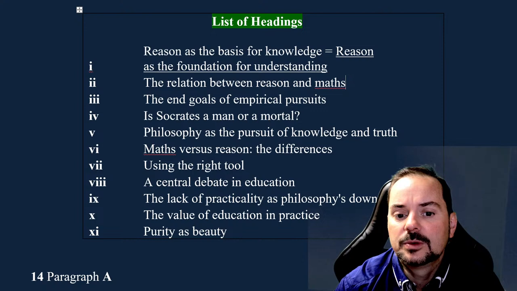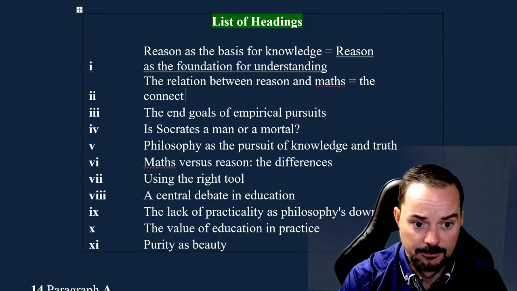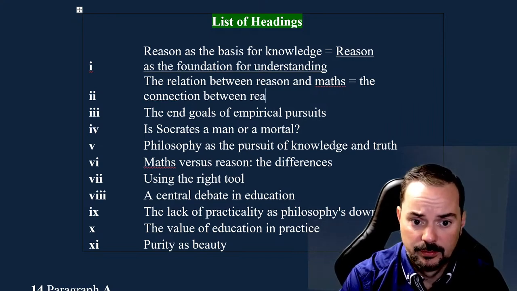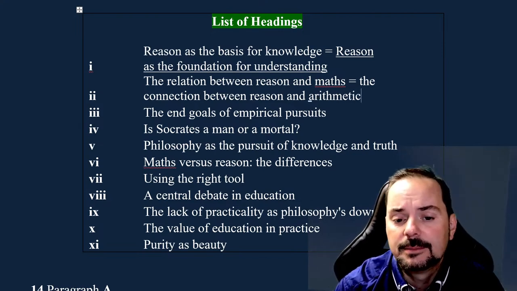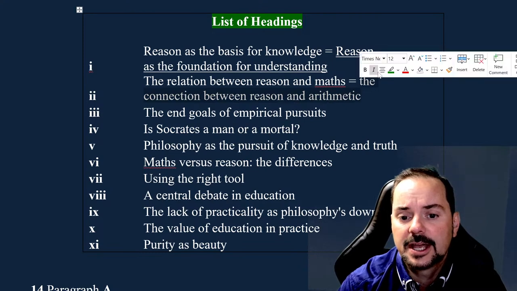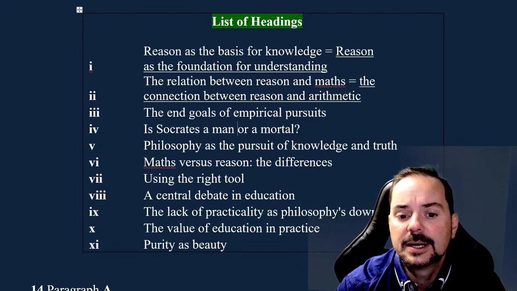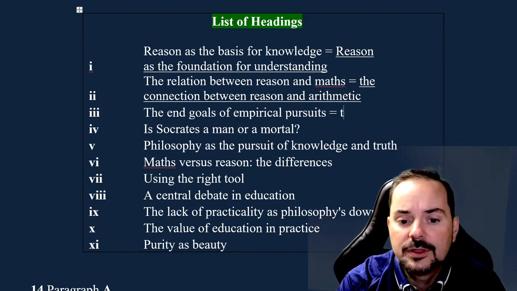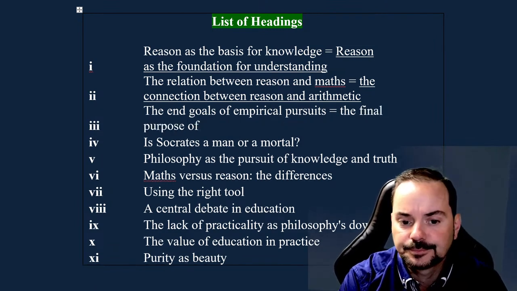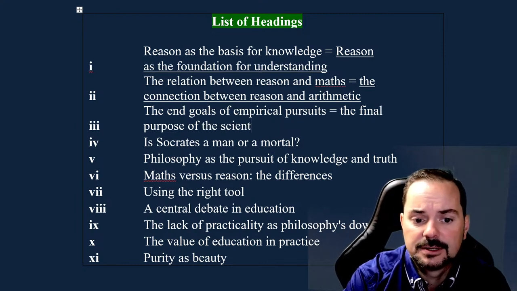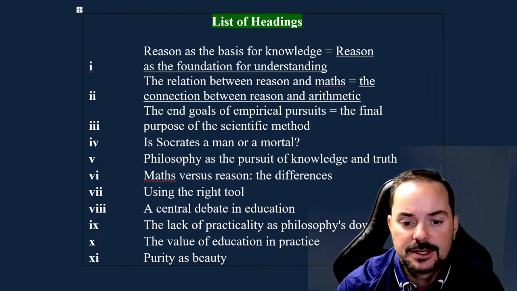The relation between reason and math, the connection between reason and arithmetic. Now, paraphrase with me, members, so as you see what I'm doing, try to get ahead and try to paraphrase with me, okay? The end goals of empirical pursuits. So the final purpose of the scientific method. As I just said, empirical methods are basically the scientific method, okay?